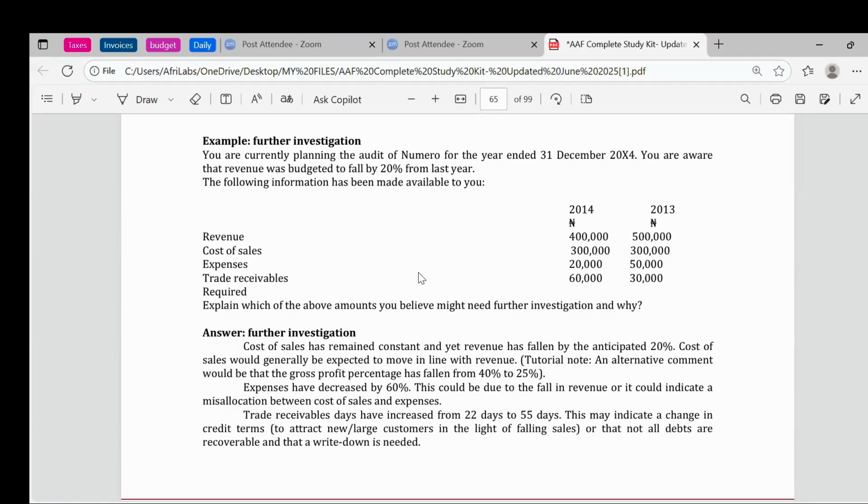Expenses have decreased greatly, by over 60%. Expenses were 50,000 and are now 20,000. So we want to ask questions about what drives this reduction in expenses. Is it payroll? Is it a better supplier charging a lesser price?